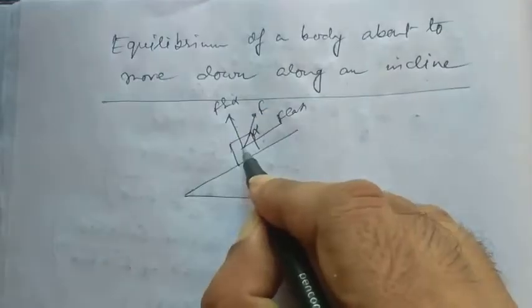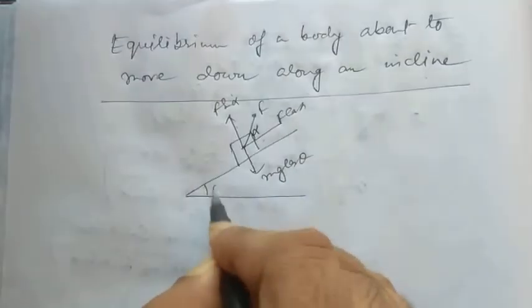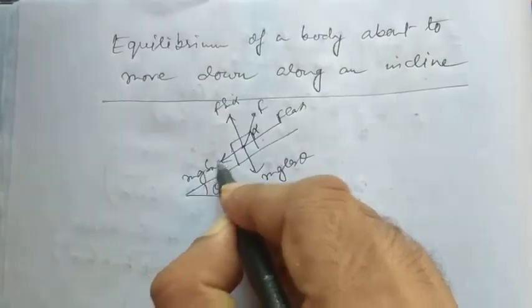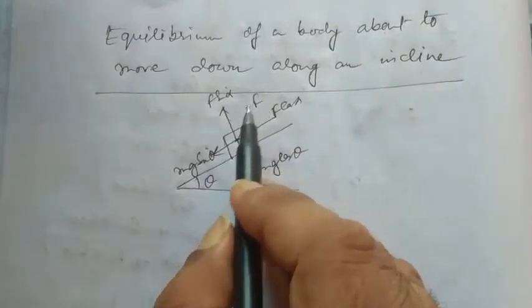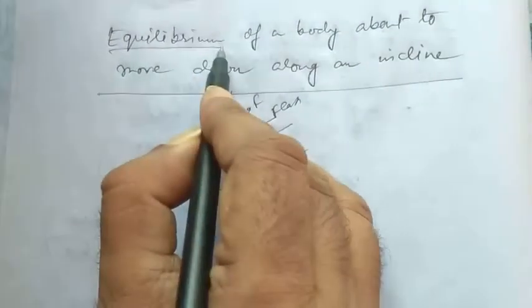The two components of mg are mg cos theta, where the angle of inclination is theta, and mg sin theta. Now in this case a force F is applied to prevent the body from moving in the downward direction, that is, to keep the body in equilibrium.